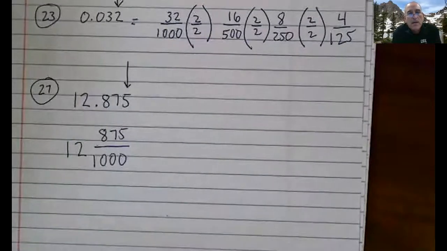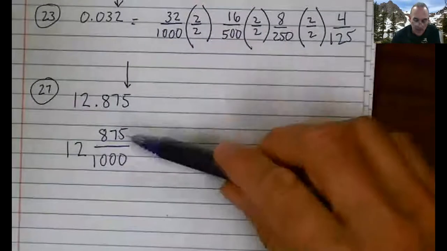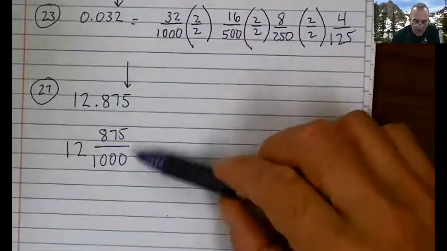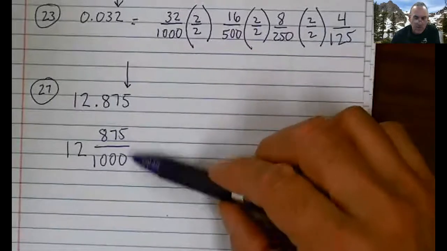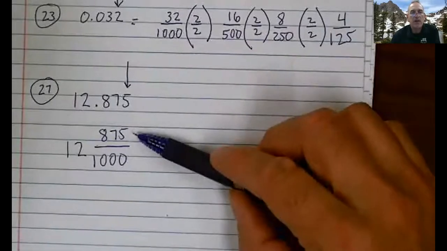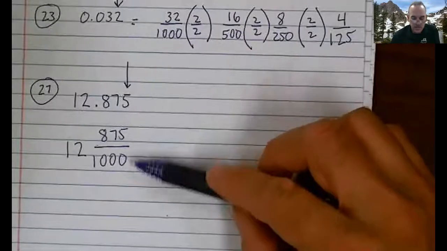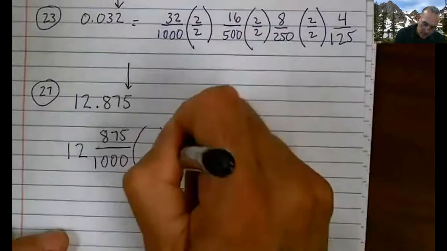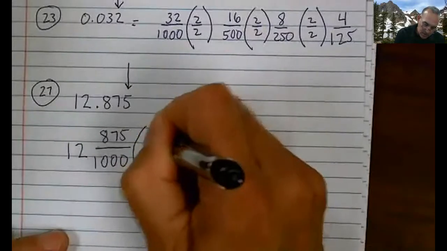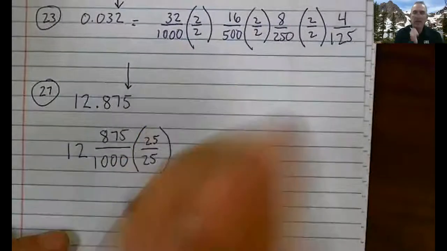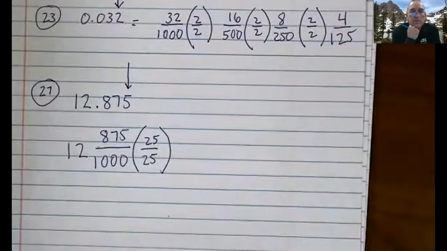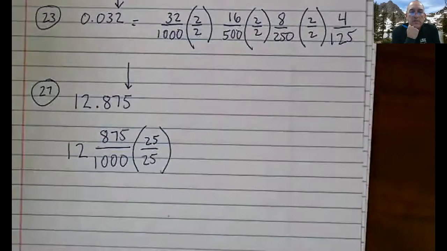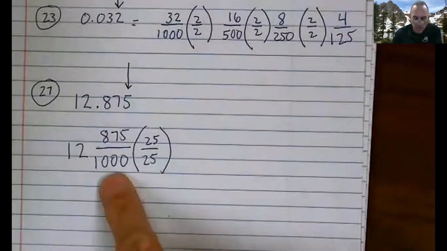That is ugly. I know that I could divide both of these by 5 because they end in 5 and 0. Let us try a bigger number. I also see that they're both going to be divisible by 25. Yes, they are.